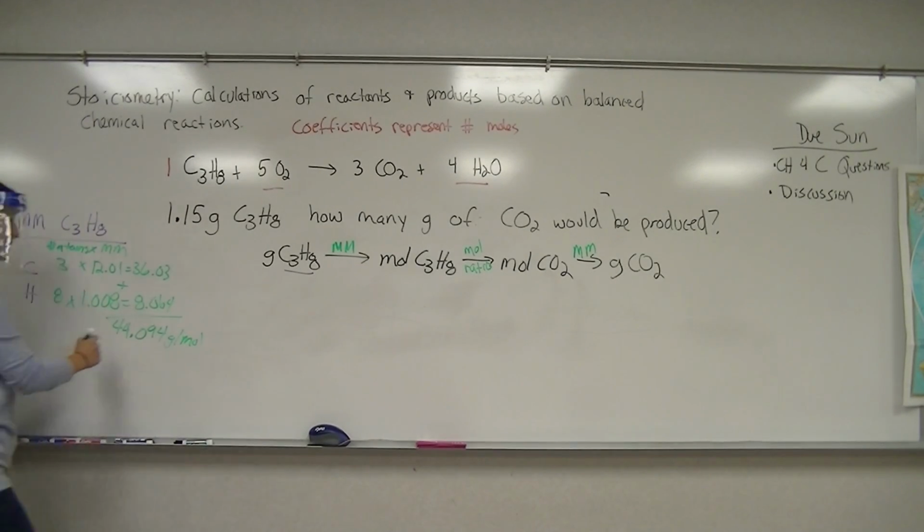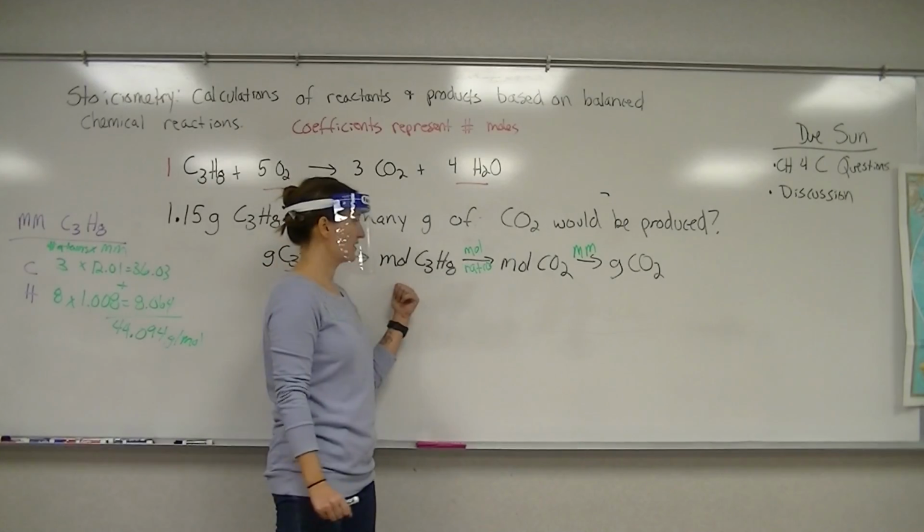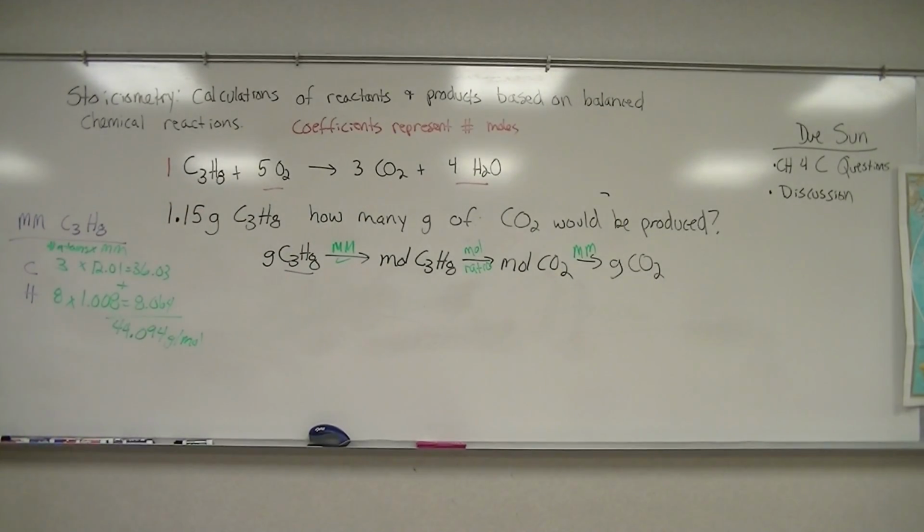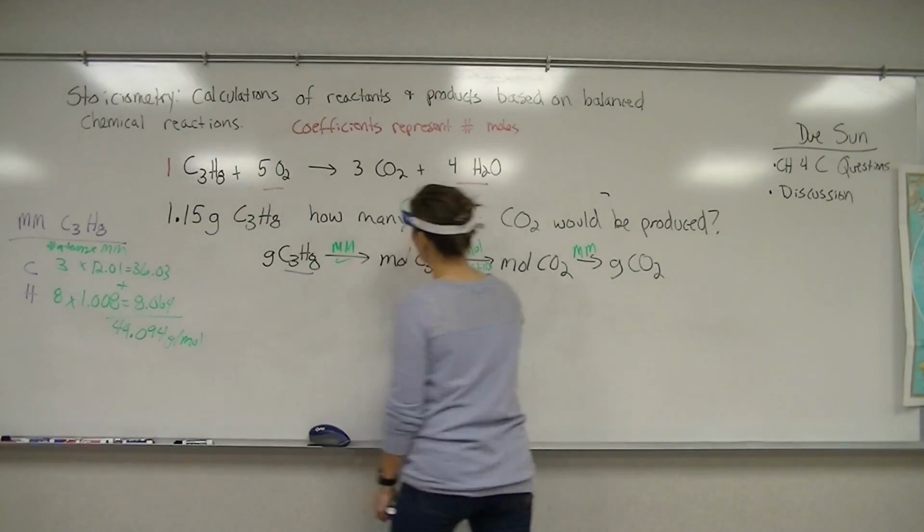All right, so I have the first step, the conversion factor, ready. Now the second step, going between moles of C3H8 and moles of CO2, we said we needed a mole ratio. What's the mole ratio?